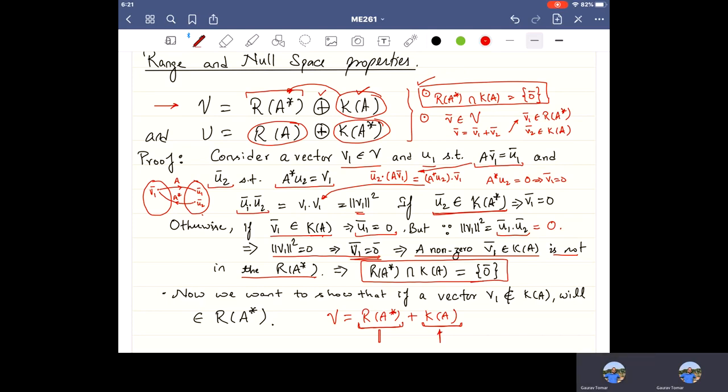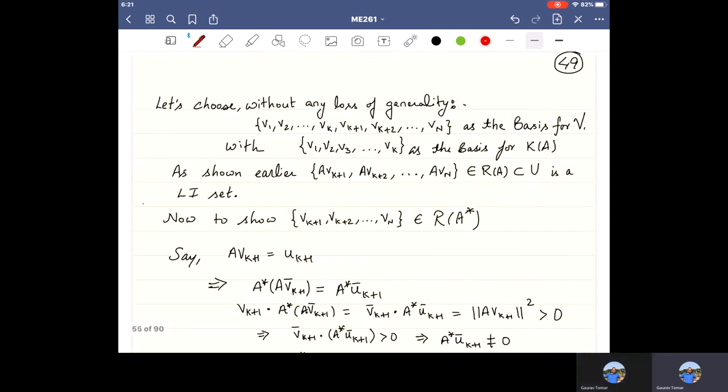To show this, let's say we choose a basis and arrange the vectors in this form, without any loss of generality.